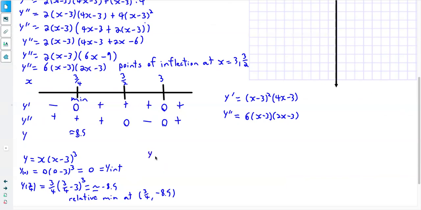So if we have y of 3/2, that would be 3/2 times 3/2 minus 3 cubed. And that gives us roughly negative 5.1.